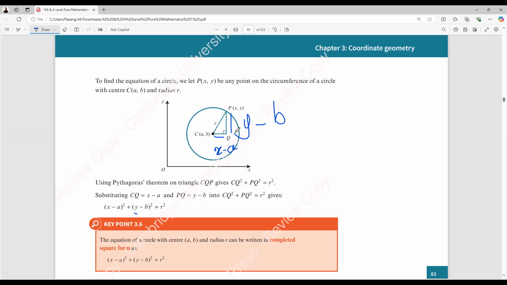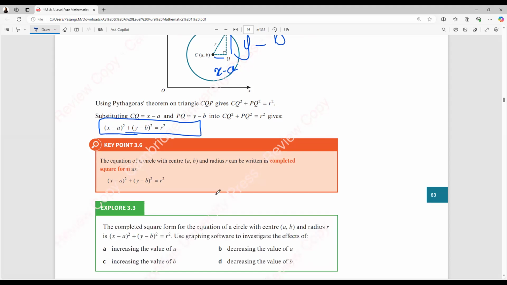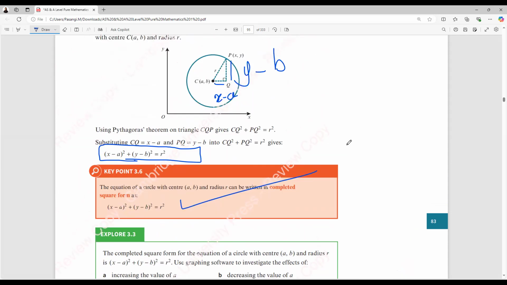By substituting these values into this given triangle, we get the equation of a circle, that is (x minus a) squared plus (y minus b) squared equals r squared. So this is the completed square form. Again, the equation of a circle in completed square form. That's what we have here. Okay, it's clear, right?